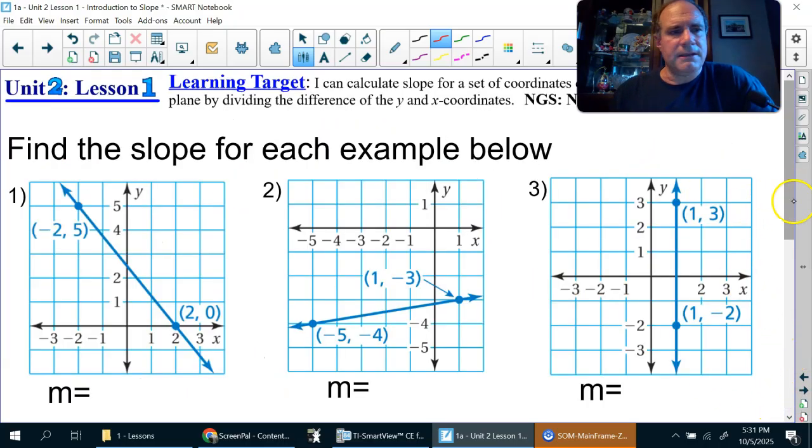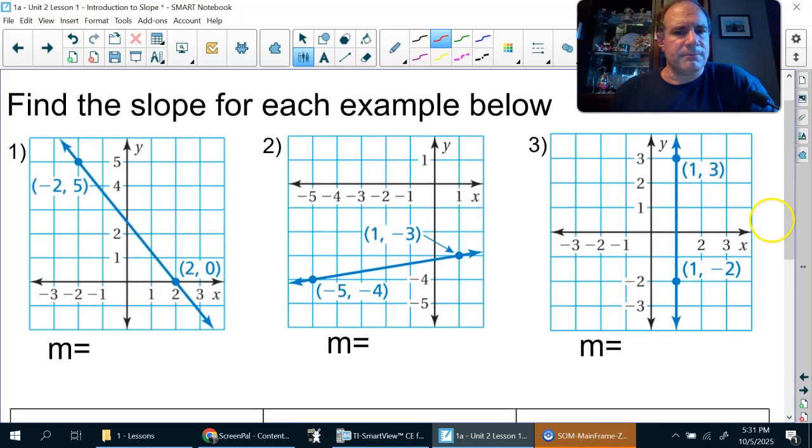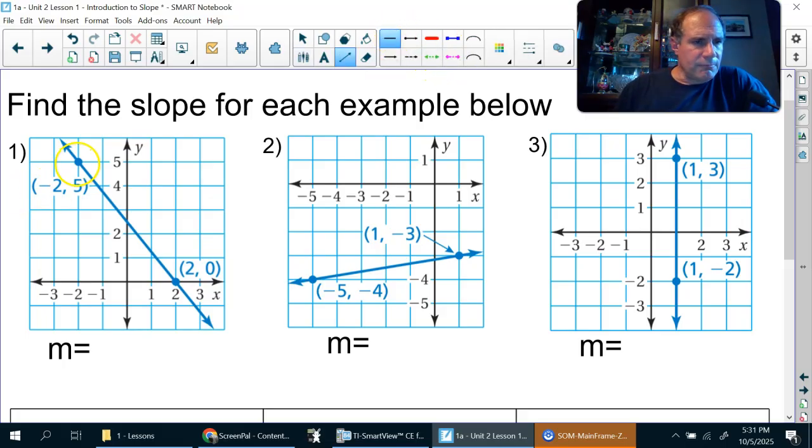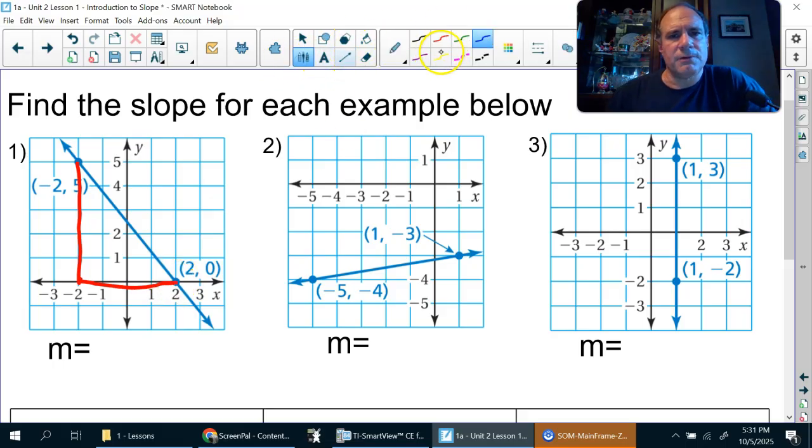All right, find the slope for each example below. We're going to do rise over run for all of these, so for 1, 2, and 3. So for this one, you know that it's definitely going to be a negative slope.